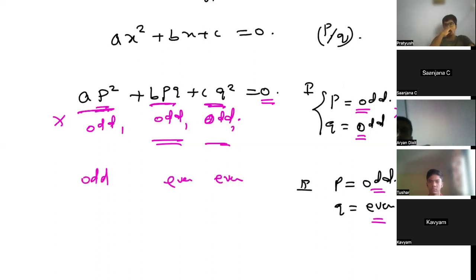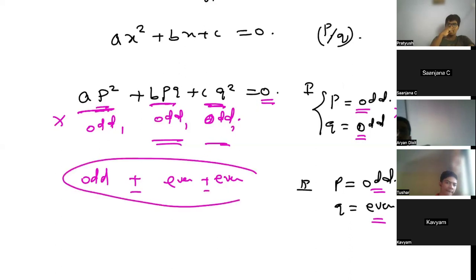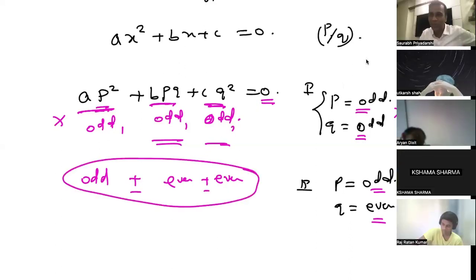Look, the first number is odd and the second and third are even. So 100% we can say this will never be equal to 0. So in both cases, I do not have to solve this; it is a basic even and odd question. This is the parity. Understand?